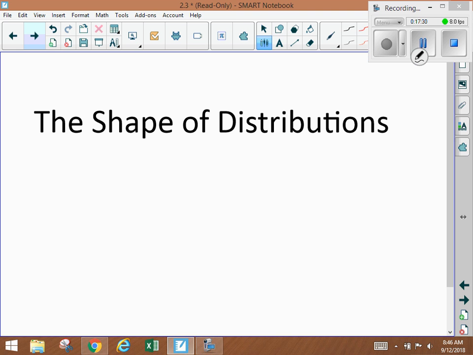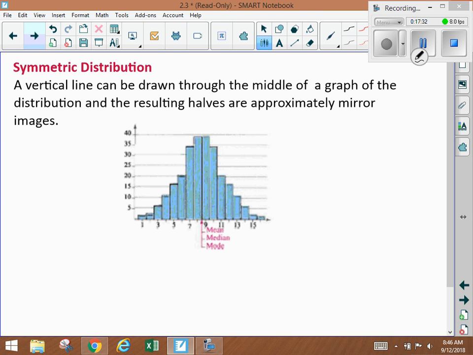All right, let's talk about shape. Symmetric is fairly self-explanatory, except for one little thing that is a little counterintuitive, but you'll get over it real quick.